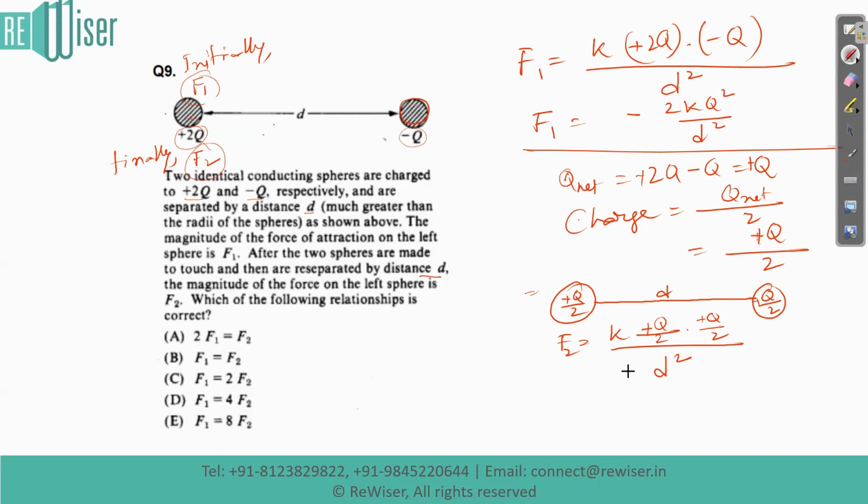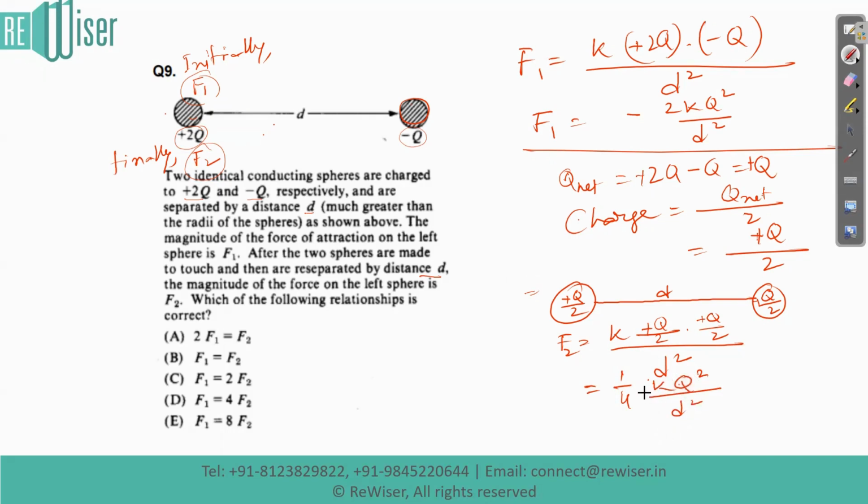So that gives 1 by 4 kq square by d square.